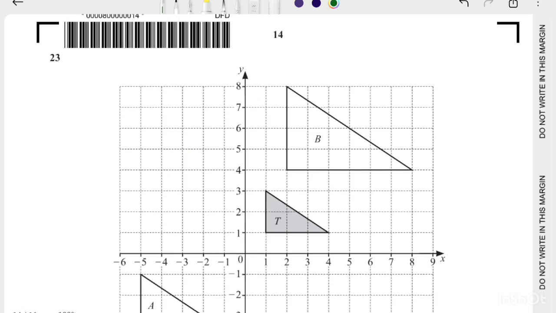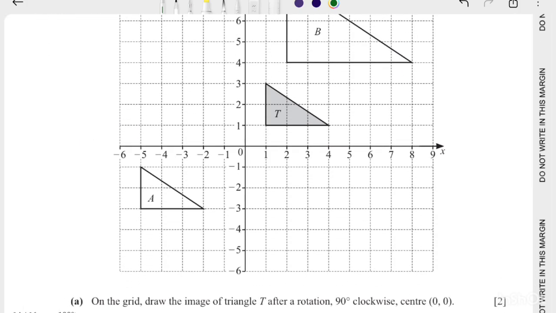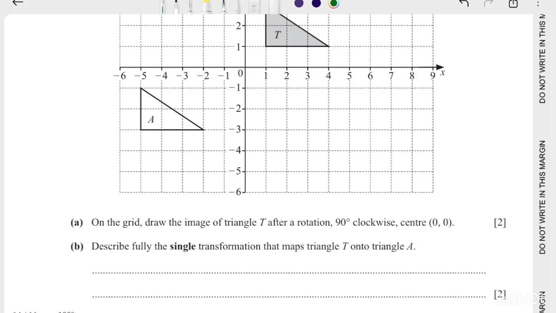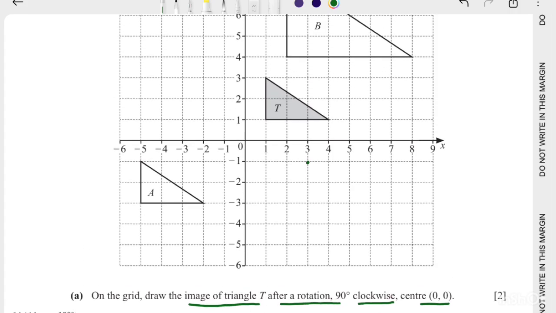Question number 23. So let us read the question. On the grid, draw the image of triangle T after a rotation 90-degree clockwise, center 0 0. So over here triangle T is the object, and we have to draw the image as well.